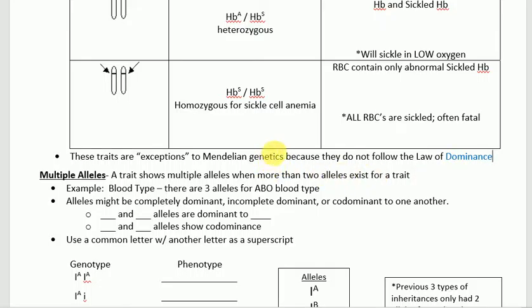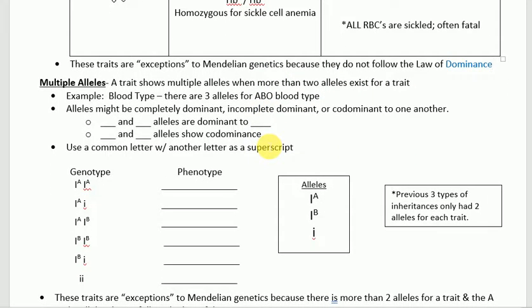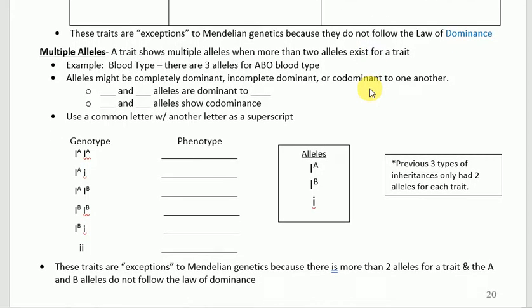Okay, so let's talk about multiple alleles. This is when a trait is going to show multiple alleles when more than 2 alleles exist for the trait. So for example, a blood type. There's going to be 3 alleles for ABO blood type. So alleles might be completely dominant, incomplete dominant, or codominant to one another.